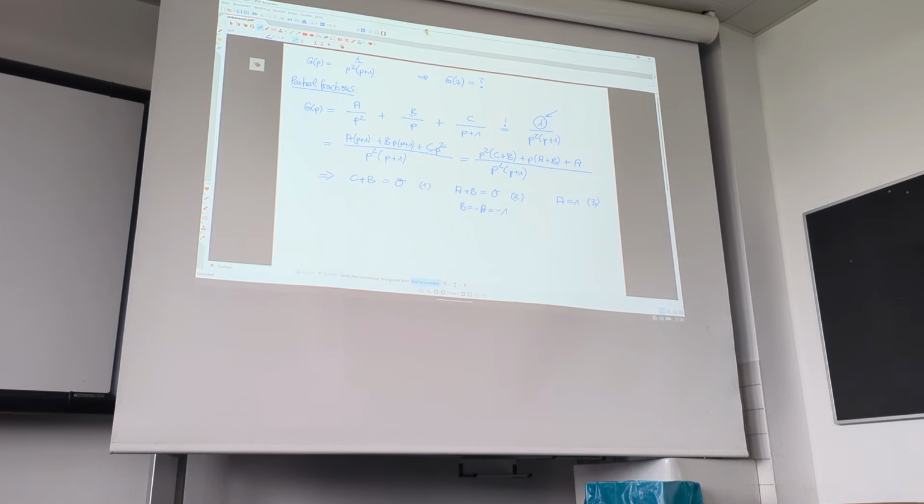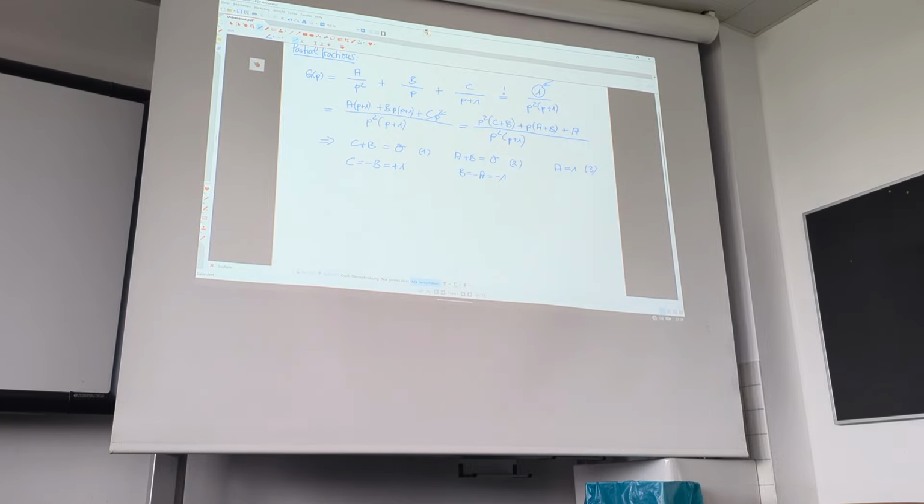And then we finally have c equal to minus b, which is again plus 1. And in this way we have all the 3 coefficients, and we can write down our transfer function g of p as a over p squared, which is 1 over p squared, plus b over p, which is minus 1 over p, plus c over p plus 1, and c is 1, so 1 over p plus 1.